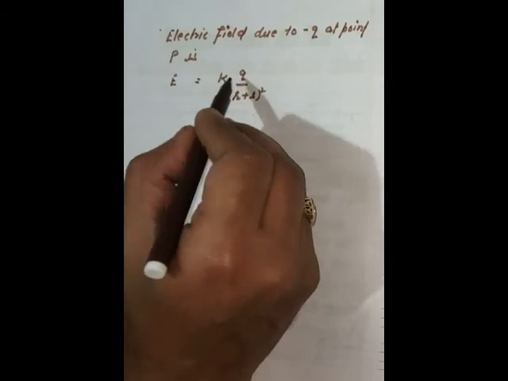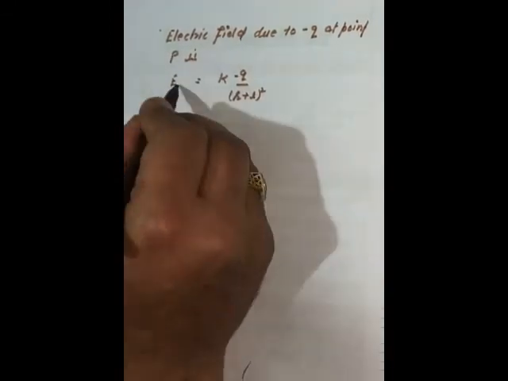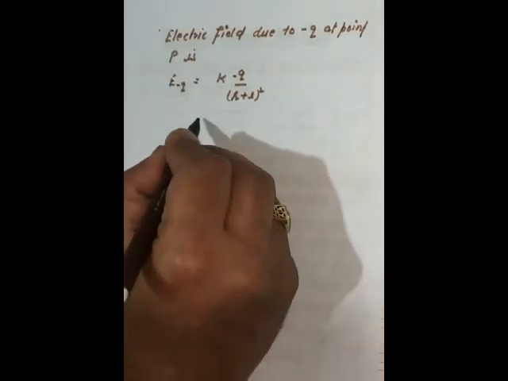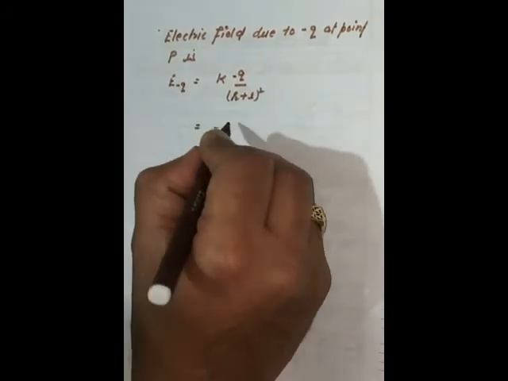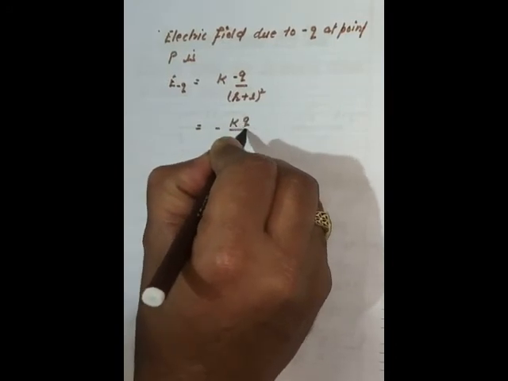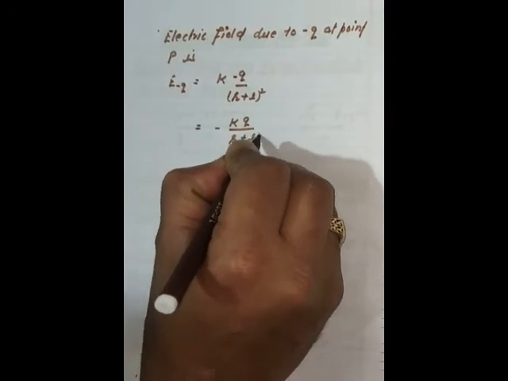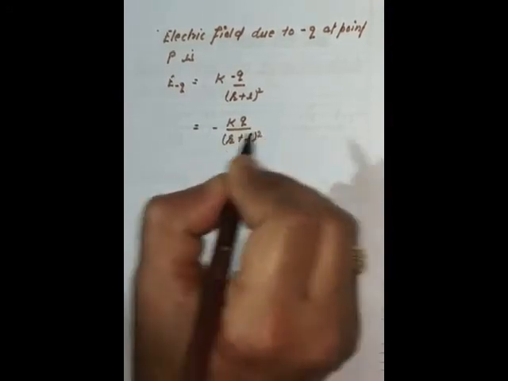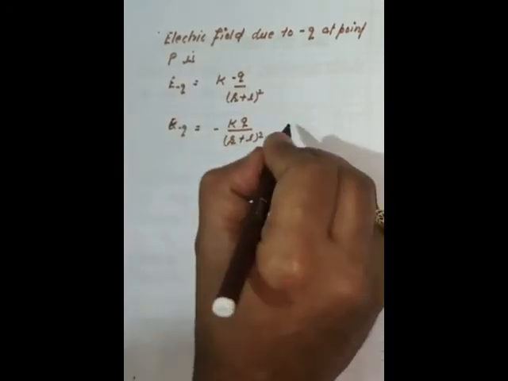It is negative charge, so here you can write negative Q, so it will become negative KQ upon R plus L whole square. Electric field E for negative charge.